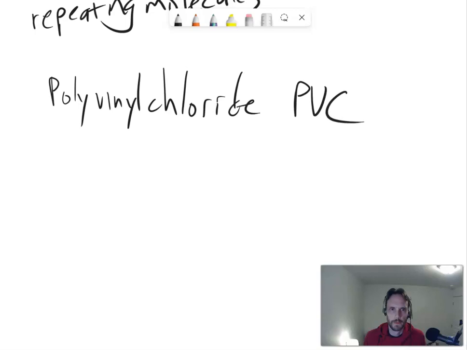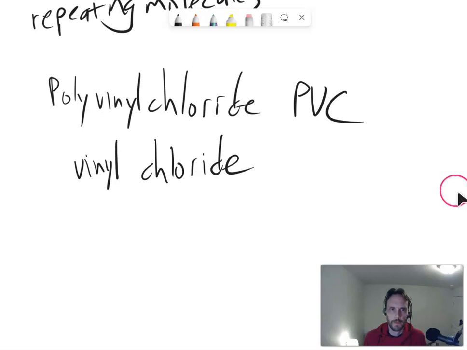We make pipes out of it. This is a giant molecule made by connecting vinyl chloride molecules together. Vinyl chloride is a tiny molecule. It is very small. It's smaller than glucose. So how do you make a pipe out of a molecule that is smaller than glucose? But that really is what it's made of.